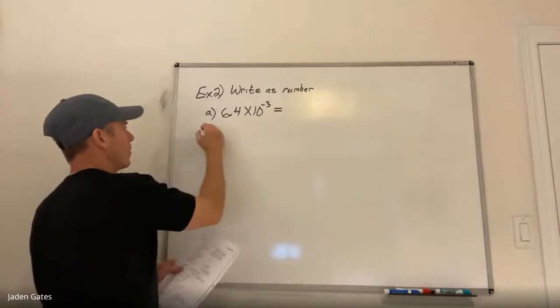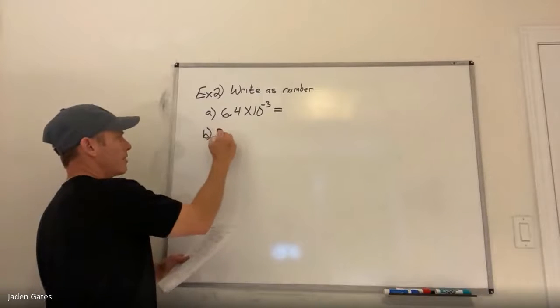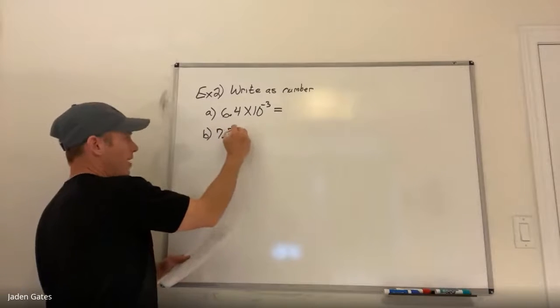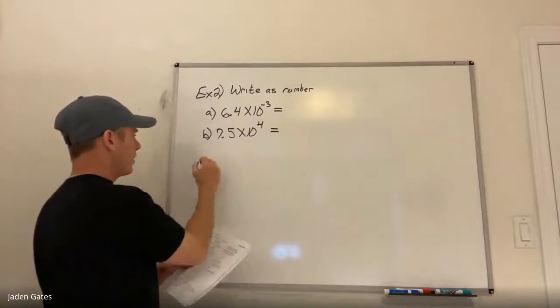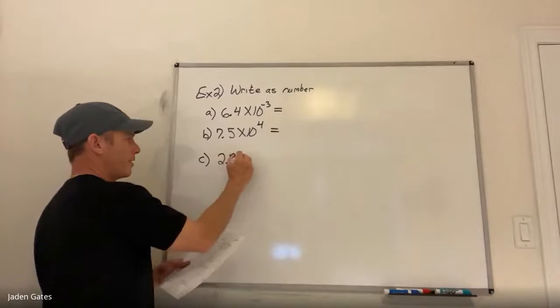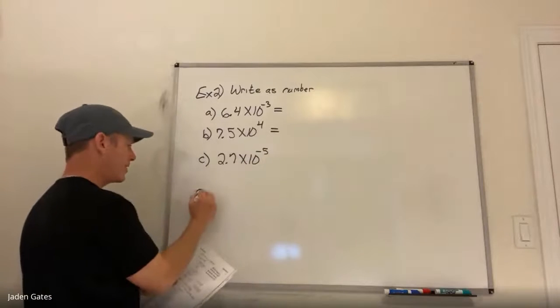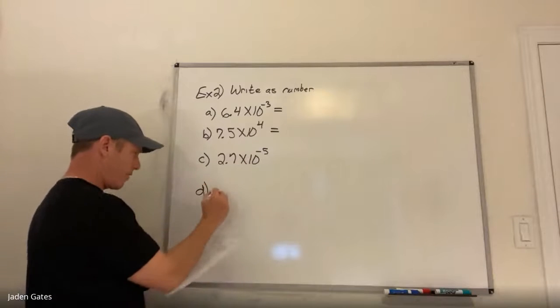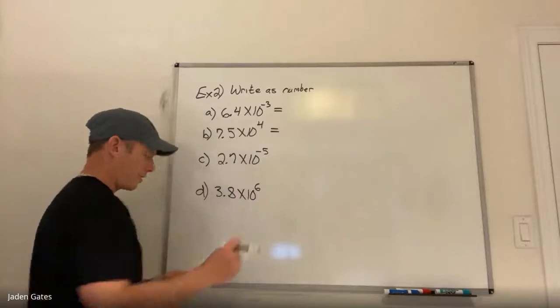And B, I got four of them here: 7.5 times 10 to the 4th. And C, 2.7 times 10 to the negative 5. And D, 3.8 times 10 to the power 6.